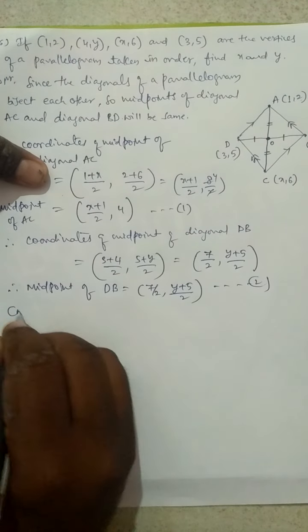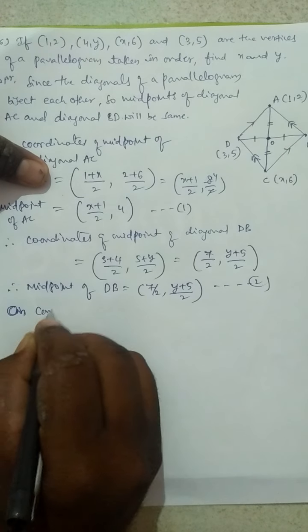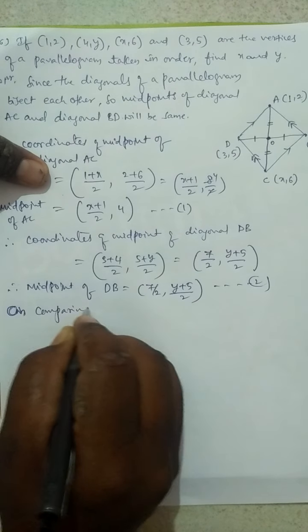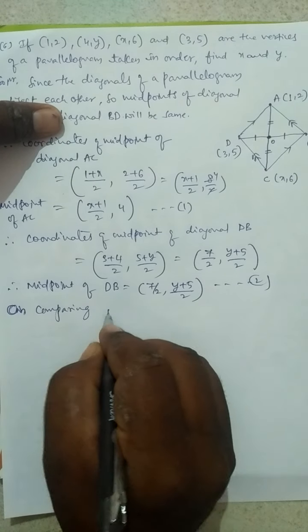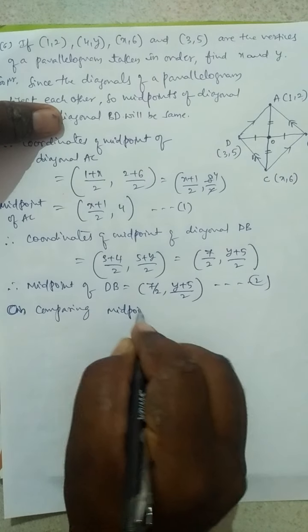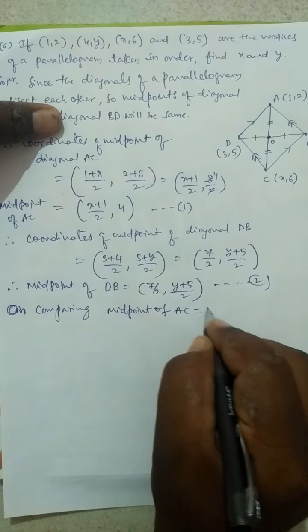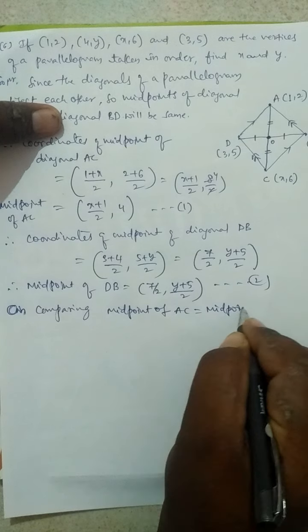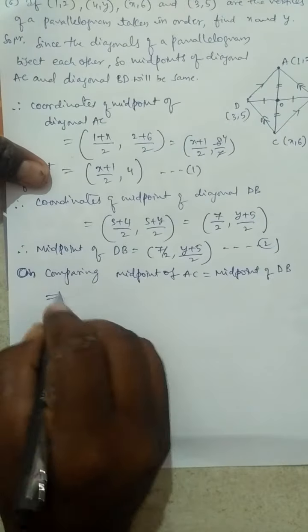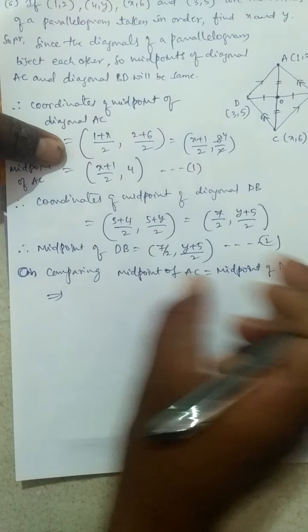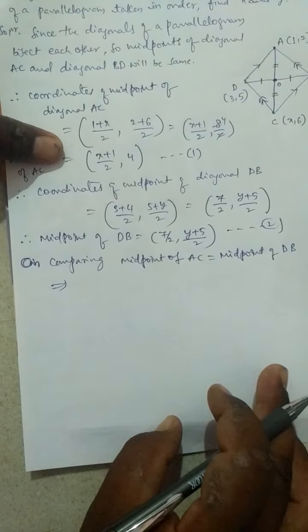Now on comparing, the midpoint of AC is equal to the midpoint of DB, which implies that for the RHS part we have to compare and equalize.